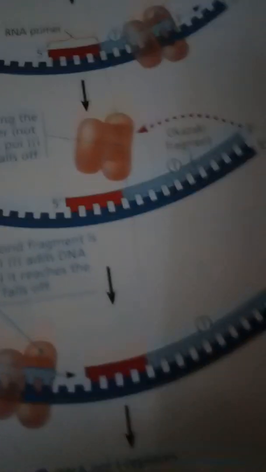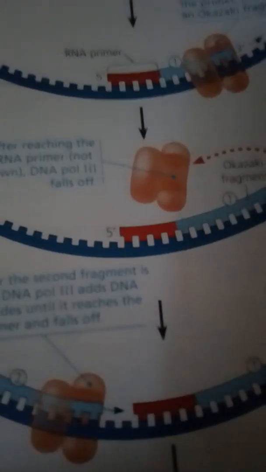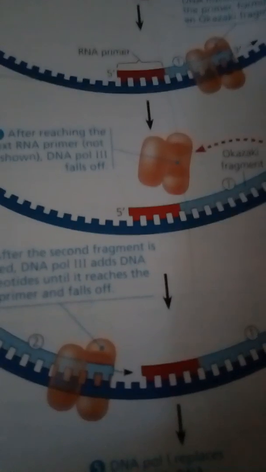Primers are generally 5 to 10 nucleotides long, and DNA pol 3 then adds a DNA nucleotide to the free end of the RNA primer and continues adding DNA nucleotides to the growing DNA strand according to the base pairing rules.